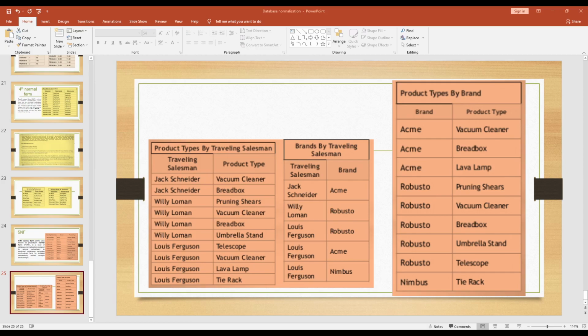A table is said to be in the fifth normal form if and only if every non-trivial join dependency in it is implied by the candidate keys.